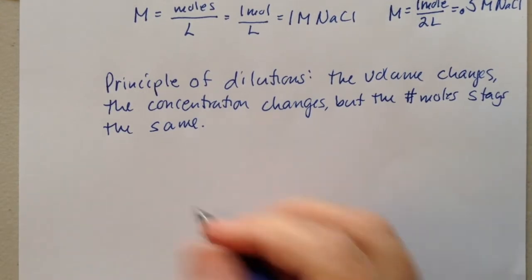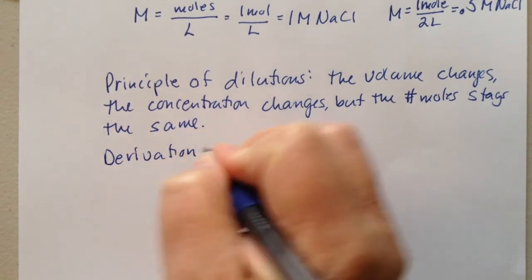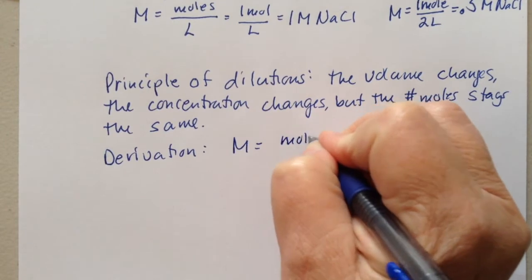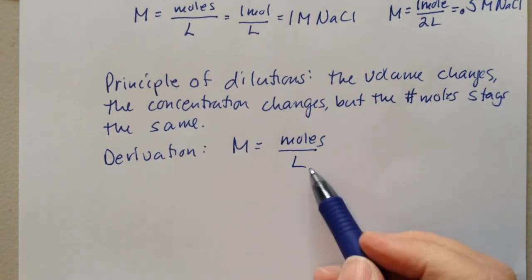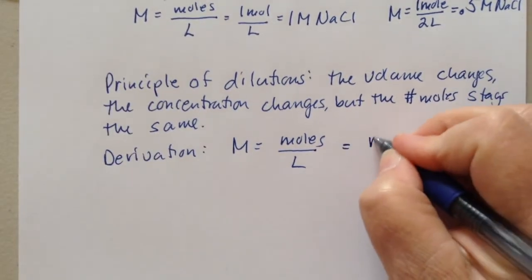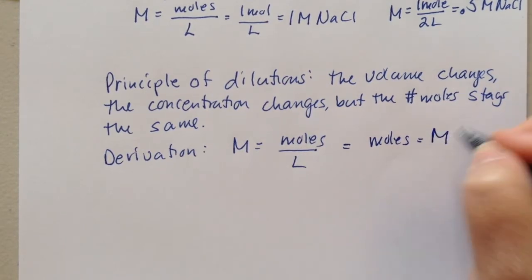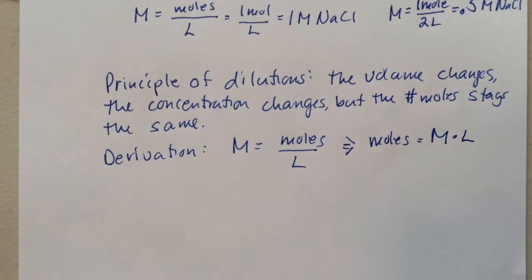So here's the derivation. We know that molarity equals moles of solute per liter of solution. And if we just want to rearrange this with an algebra trick, I multiply both sides by liters. I can say that the number of moles equals molarity times liters, right?